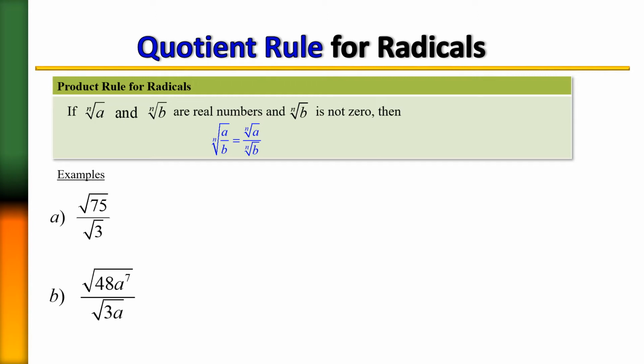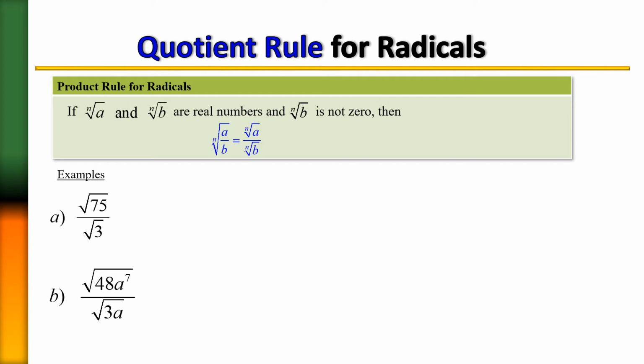So anytime you have something in fraction form, you're going to be applying the quotient rule, and that's only if they have the same indexes. Again, just like with the product rule, the quotient rules, they must have the same index.